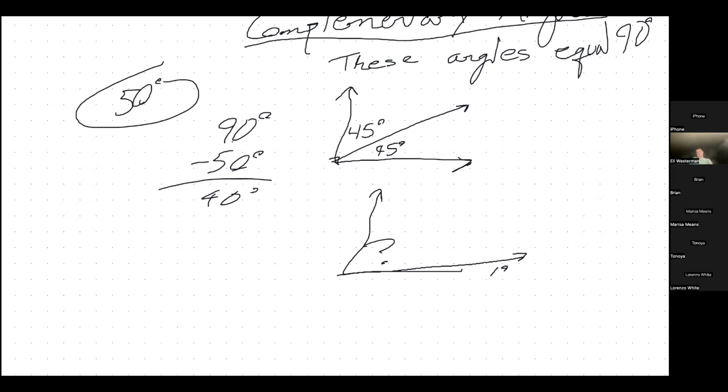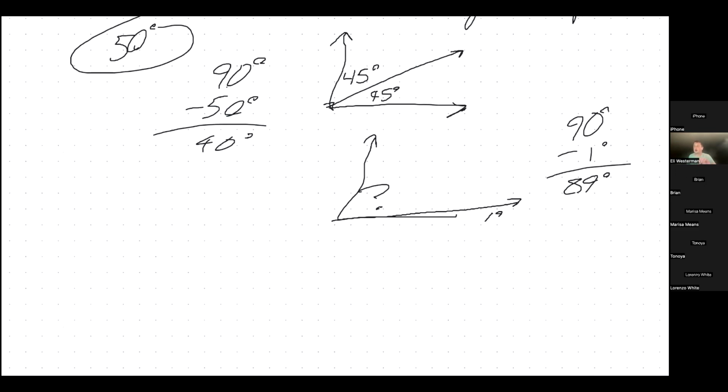This is a right angle. That means it's going to be 90 degrees minus 1 degree, which is 89 degrees. Pretty straightforward, not too bad.